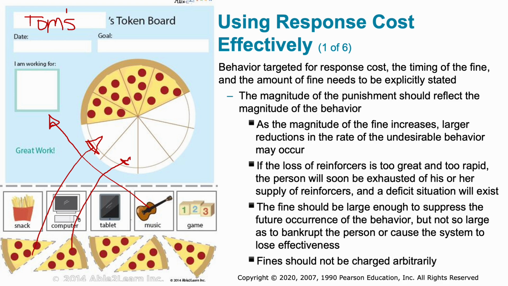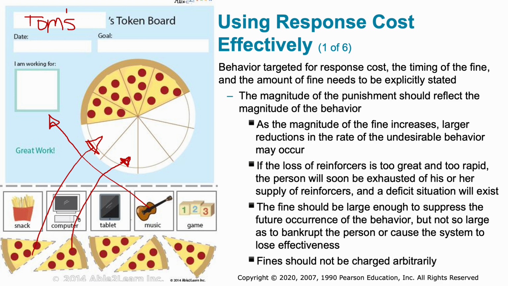But let's say that I have a behavior that's targeted for reduction, and we have decided to use response cost as a procedure to target this behavior. Let's say the behavior is, we'll just stick to aggression. Let's say the behavior is aggression. Let's say that contingent on every single instance of aggression, I have to implement a response cost procedure.